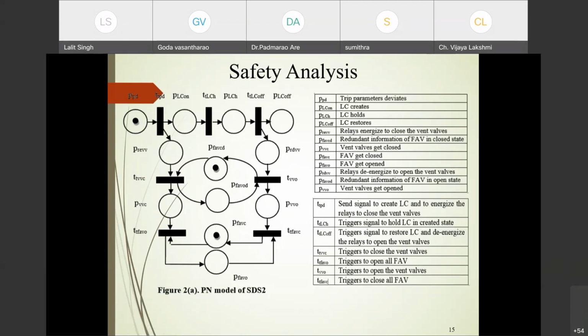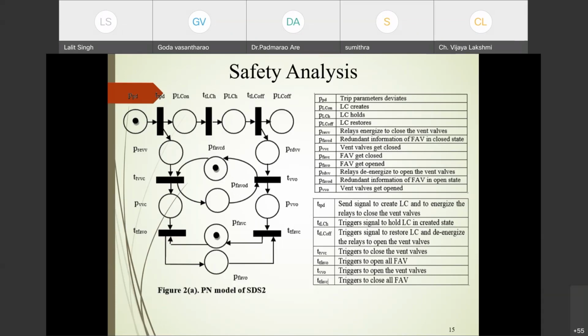Now, one more interesting point that I want to touch on in the model. I have not touched two places: one is PFABCD and one is PFABOD. These are just redundant information of the fast acting valve open and close state, which comes from the redundant field sensors, because we cannot rely on only one sensor.